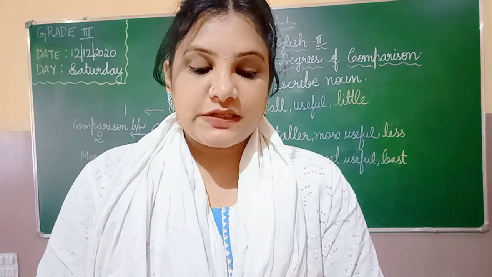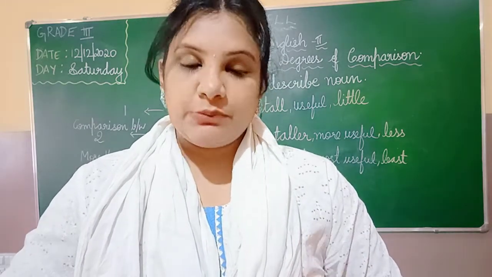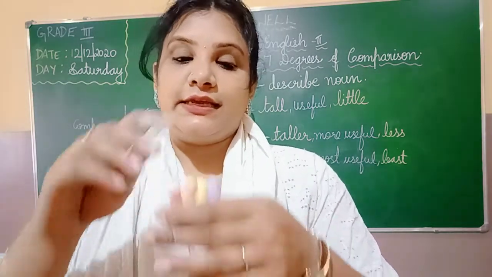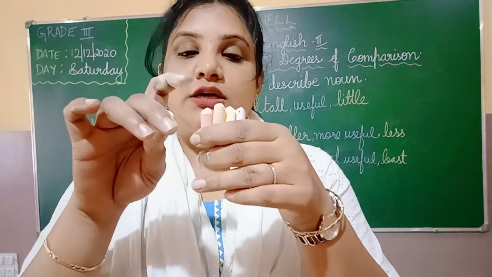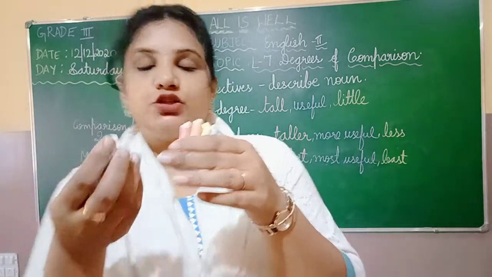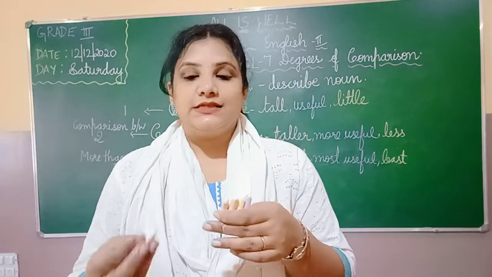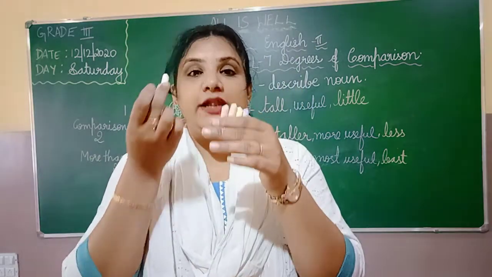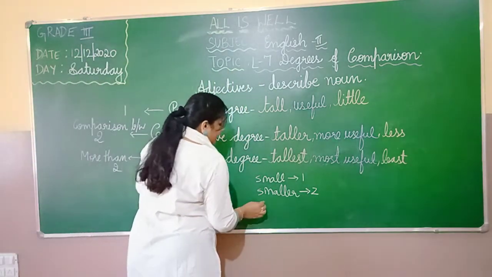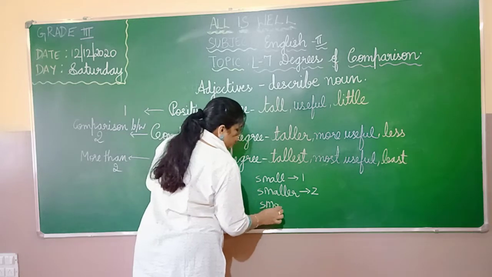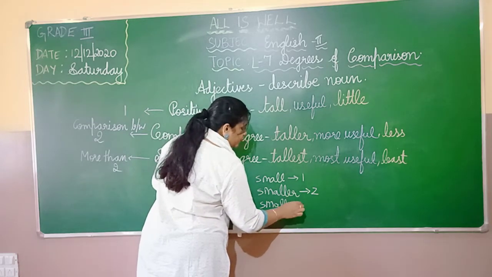Instead of saying it is smaller than the purple chalk, smaller than the yellow chalk, smaller than the orange chalk, smaller than the pink chalk, I can say this is the smallest. Correct? So what can I say? I can say smallest. Here what am I doing?